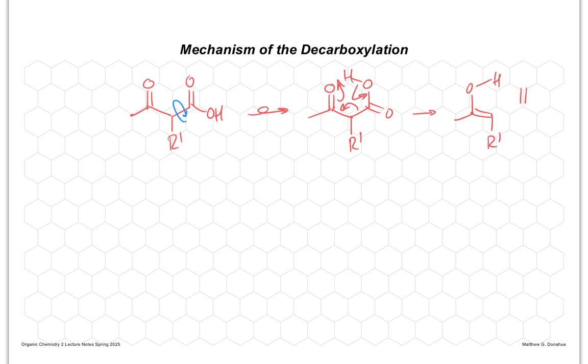So I'll draw this kind of bent so you can see where the atoms were mapping on there. But that's CO2, and so that's a gas that bubbles out.